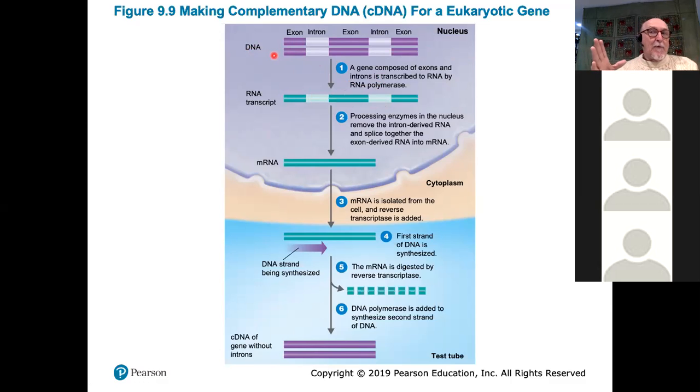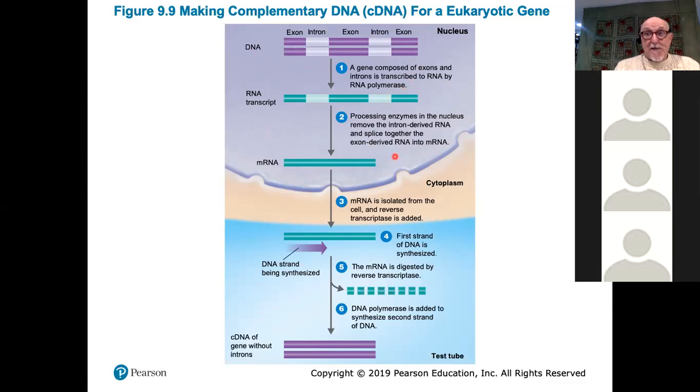And we end up with DNA which is not functional in a prokaryote system. A prokaryote system can't make product from this gene because it doesn't have the machinery. So this is a big difficulty. If we want to take eukaryote genes and put them into bacterial systems to amplify them, grow them, work with them, we have to use another system.